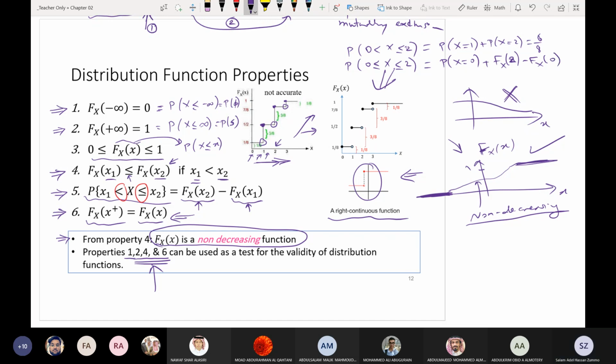Okay. So fx of 2 minus fx of خلينا نحلها 0.